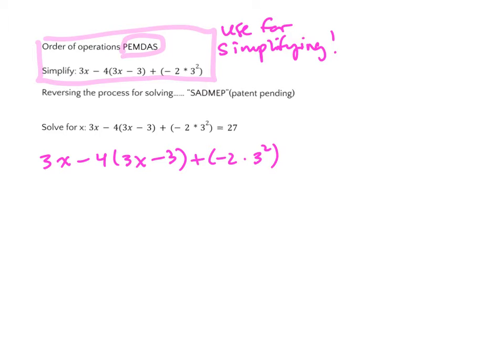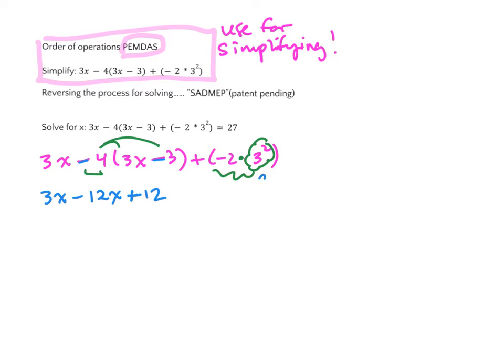I'm going to change my color. Different classes talked about it differently, but most of you said to distribute the 4 and then deal with this. That's still times, and then as a whole, right? Parentheses. So let's go ahead and do that. It's -4, so it becomes -12x. Negative times negative is positive, so +12.